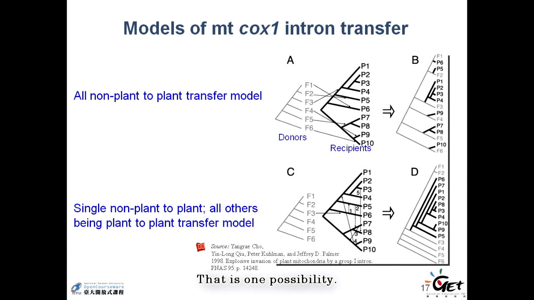That's one possibility. And if there's a single event from non-plant to plant, and then some transfer between plants, so there's only a single origin for this COX-1 intron, then the phylogeny should look like this one. Based on the phylogeny we just saw on the last slide, it should be the upper one.